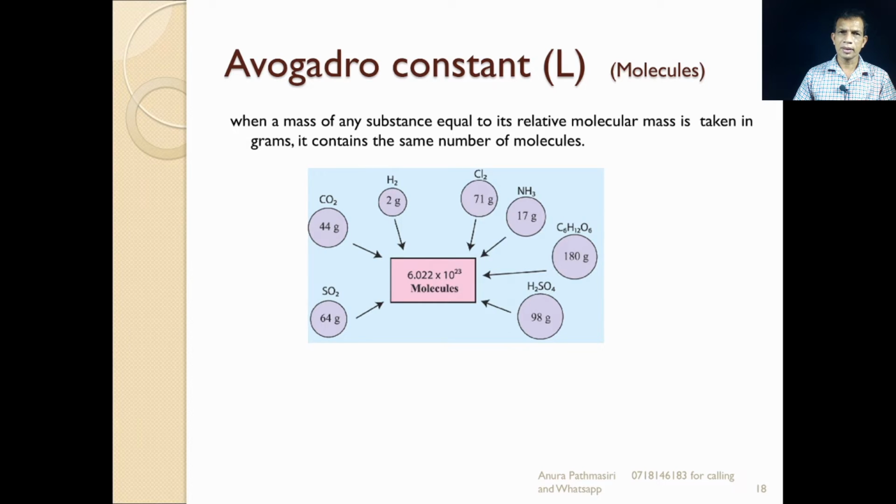So it is just like this. If you take 1 dozen of books, how many books are there? 12. And if you say 1 dozen of countries, 12 countries, irrespective of sizes, a dozen is a dozen.